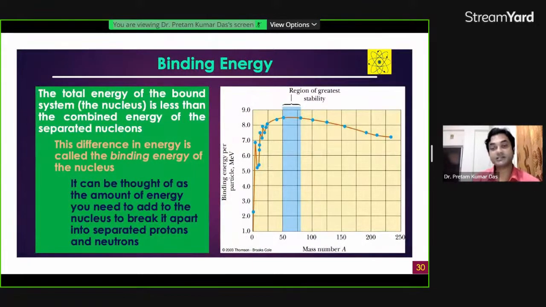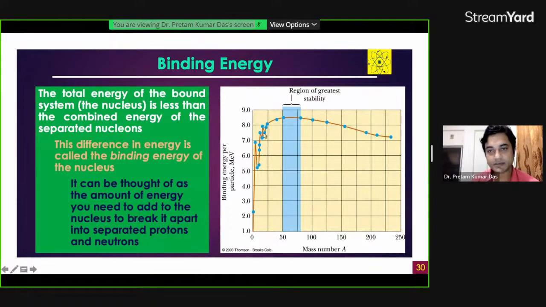So this is the binding energy per nucleon curve, which I want to explain, and by this we can explain fission and fusion. You can see this is the region of greatest stability. Every nucleus wants to gain this region and come here.